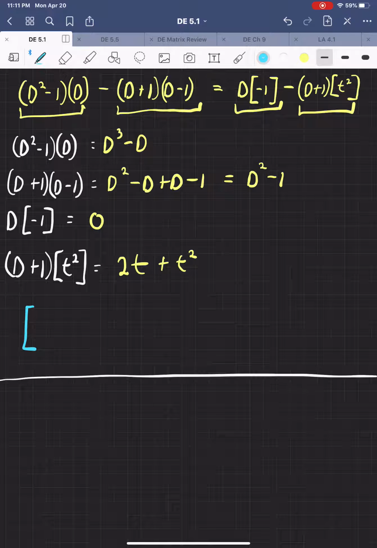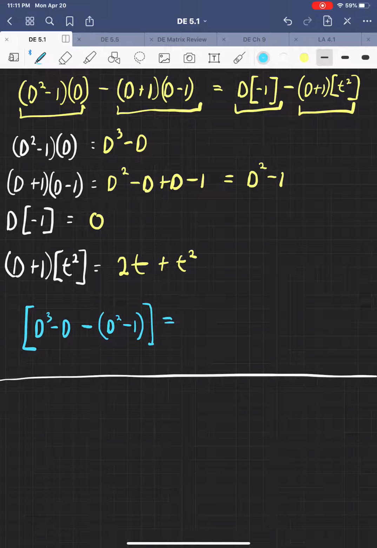So you have t, it's just basically your y triple prime minus d. That would be minus, let me use some grouping symbols here. That would be d squared minus 1.